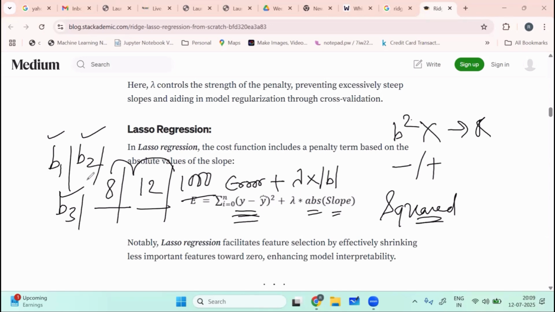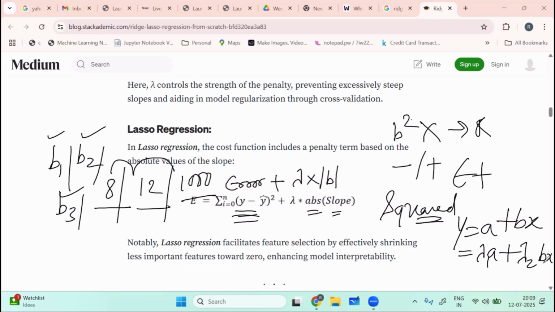If you don't want to get into that deep understanding, simply what you do is attach some penalties to the error already. How can you do that? When you are building an equation y equals a plus b of x, change the value of your a with respect to lambda 1, attach this penalty to a, lambda 2, attach this penalty to b. If you are not taking any squared value, this is going to be lasso.